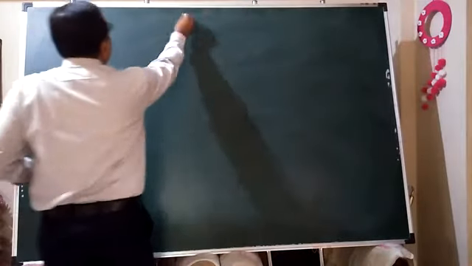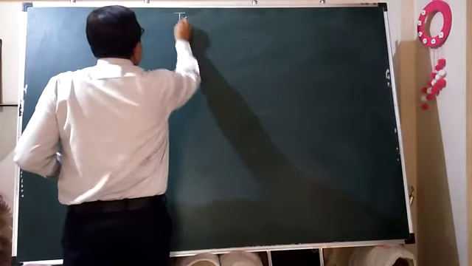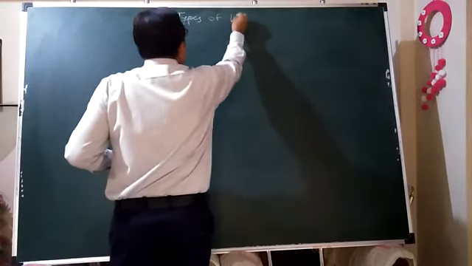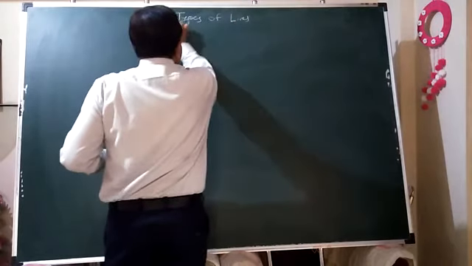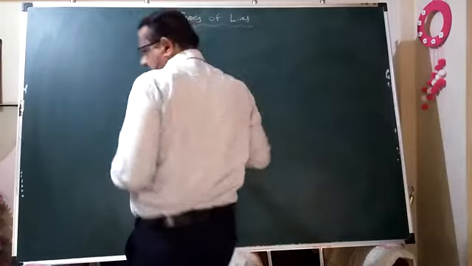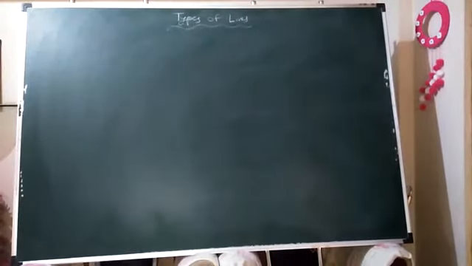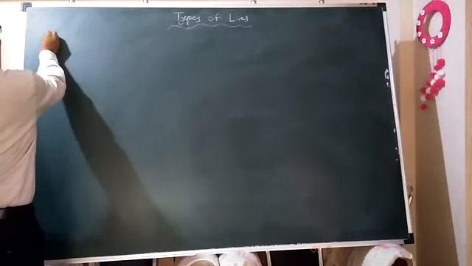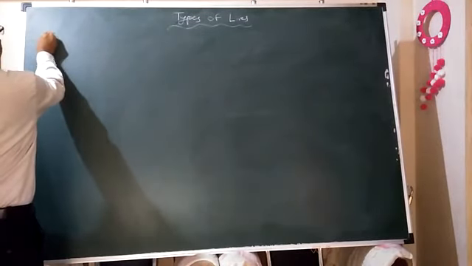So first of all, what we have to do is just create one table, types of lines. For that, just go on following me. This table you have to create.